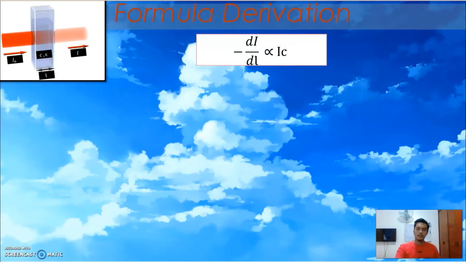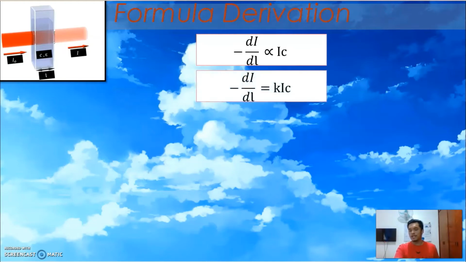In this expression, we have this proportionality, where the decreasing rate of change is proportionally related to intensity times concentration. Since this is direct proportionality, we can say that the decreasing change in I is equal to the proportionality constant times intensity times concentration.